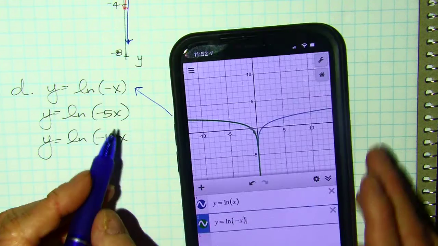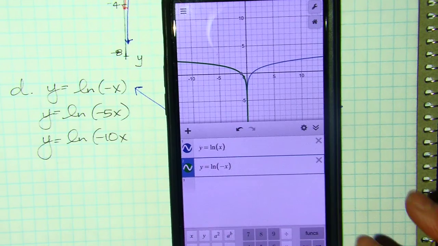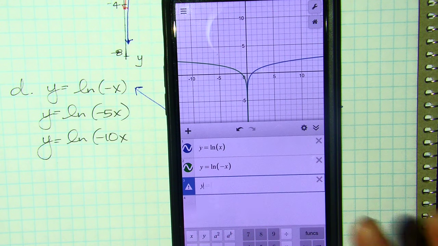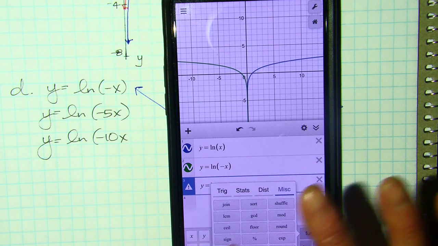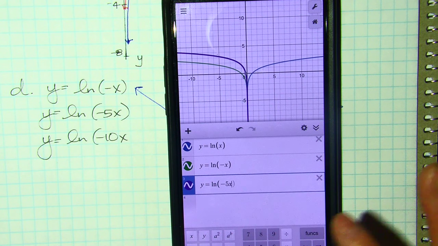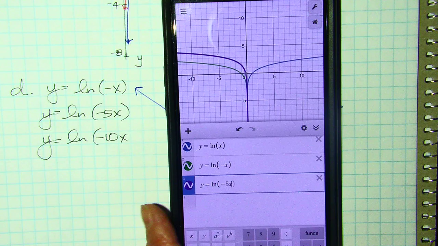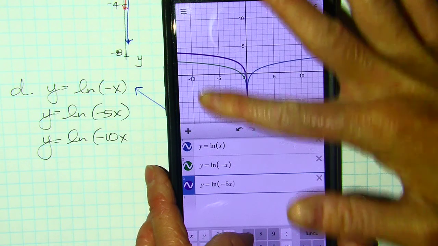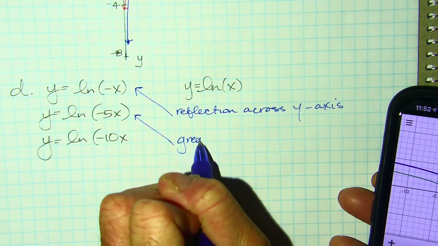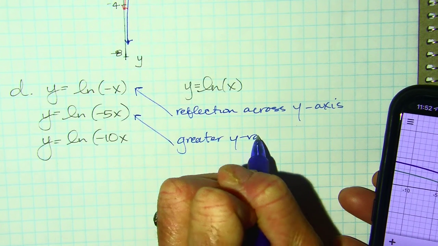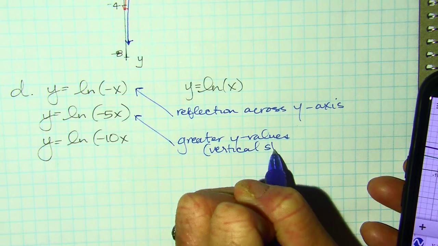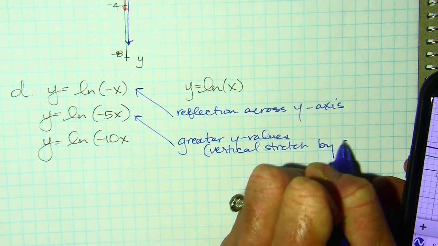Okay, now this one's still negative, but now what happens if I put a negative 5? So y equals, functions, miscellaneous, natural log of negative 5x. All right, so notice that it's still the reflection, but the values got higher, so we call that a vertical stretch by 5.